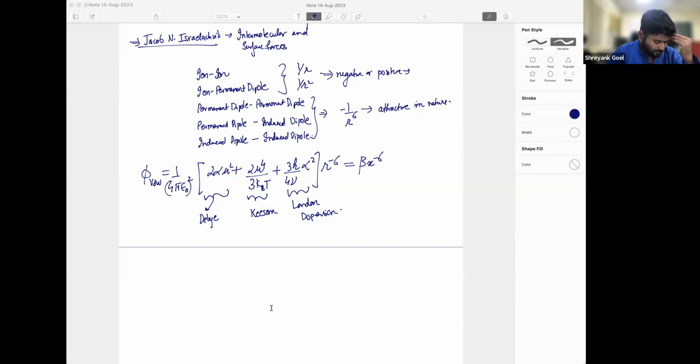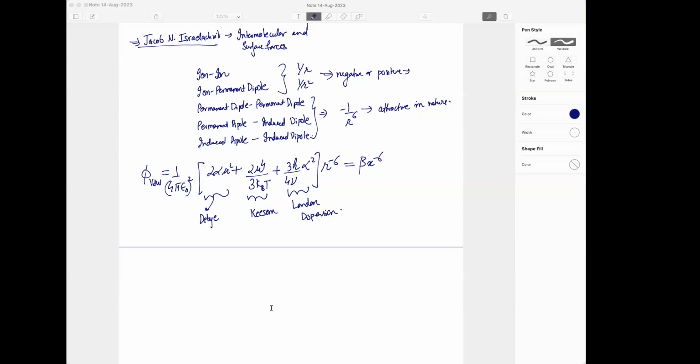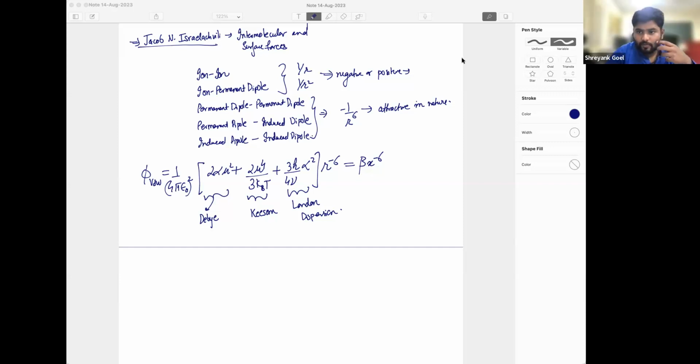So what I was thinking is, for the case of London dispersion, it looks like 2 shouldn't be there, because 3/4 alpha square h nu.